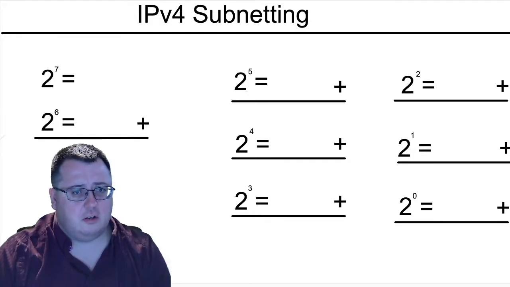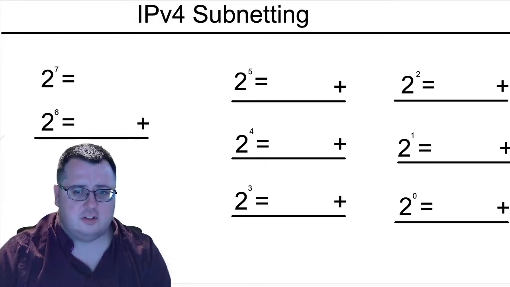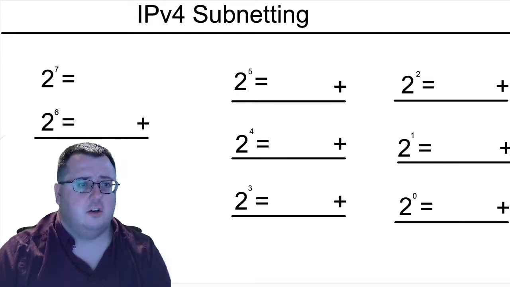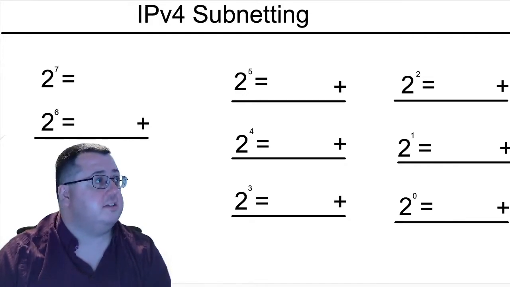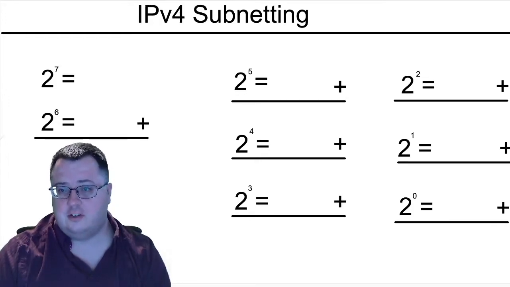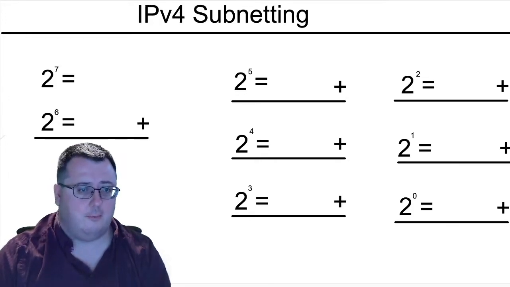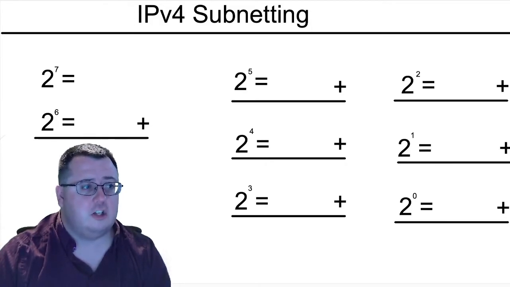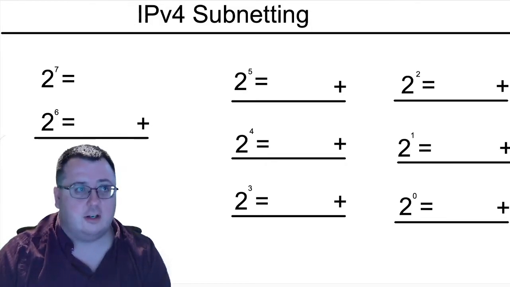So I'm going to give you a second to consider the following set of slides. We've got 2 to the power 7 equals, 2 to the power 6 equals, 2 to the power 5, 2 to the power 4, 2 to the power 3, 2 to the power 2, 2 to the power 1, 2 to the power 0. So we're going to start by filling in what each of the 2 to the powers are.